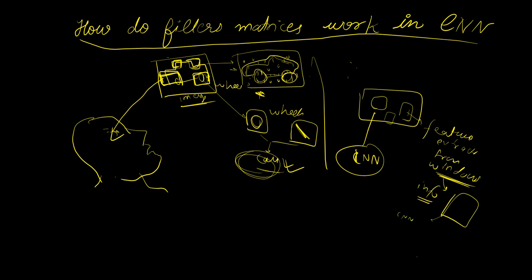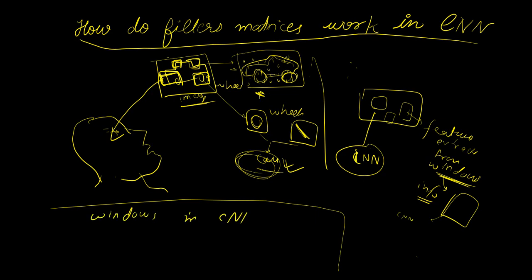Okay. So how are these windows formed in convolutional neural networks? Windows in CNN are formed by something called filter matrices.